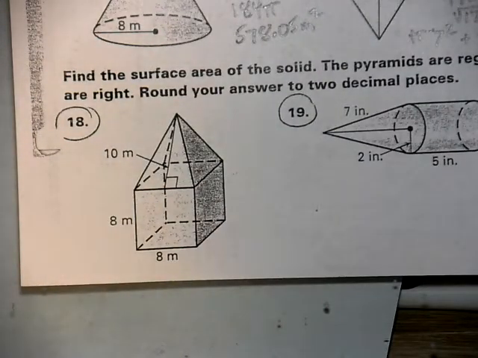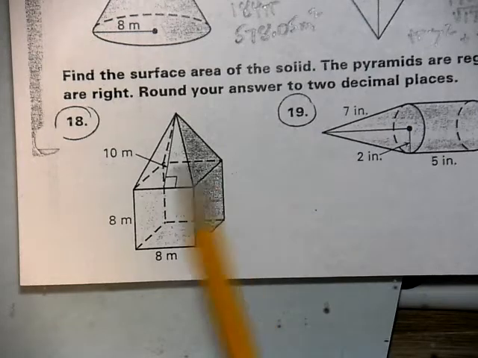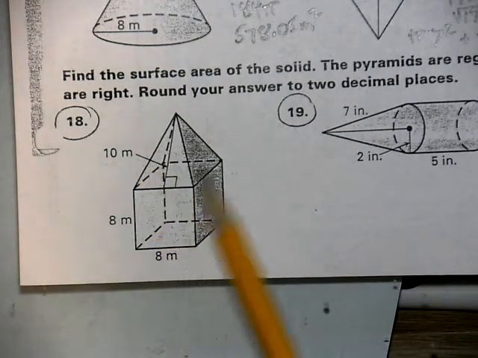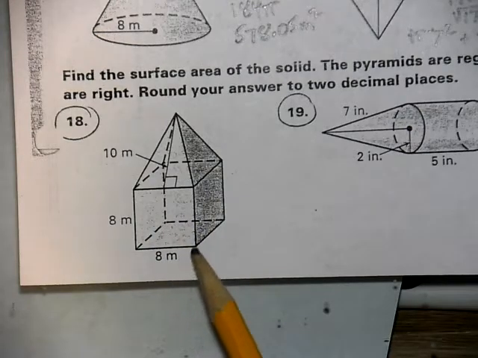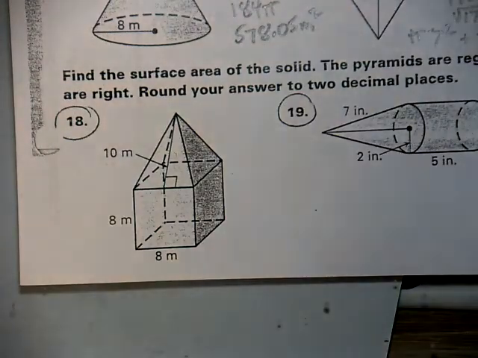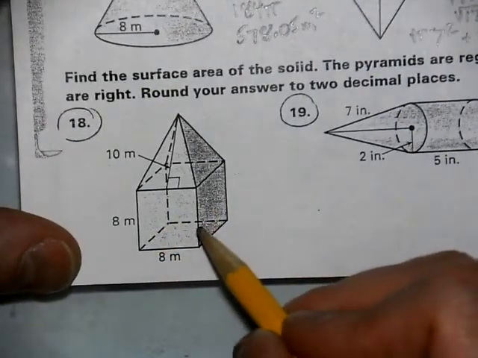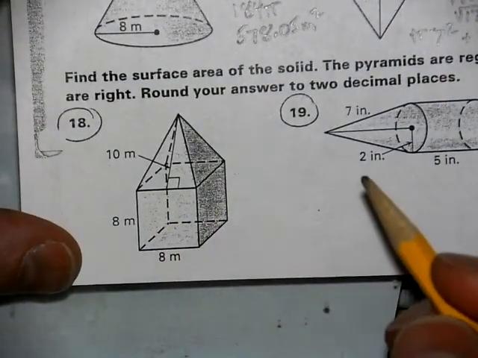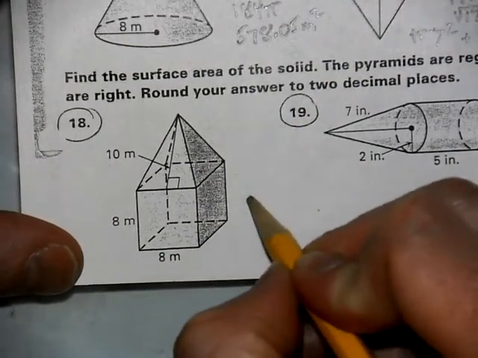Now here, these are called composites when you're taking two items together. Here we have the lateral of a pyramid and the lateral with one base of a cube. So what we have, the base is going to be 8 times 8.